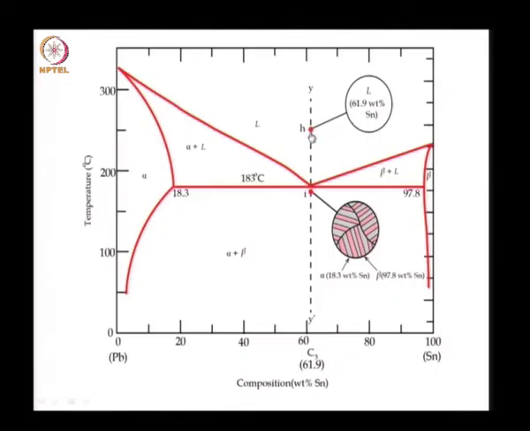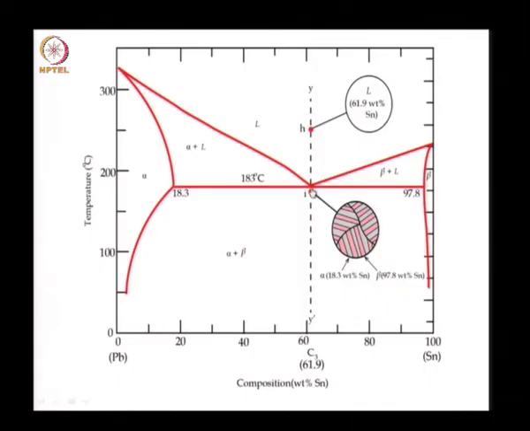Now, we cool this liquid slowly, and what we will see is at this point I, the liquid changes into solid without passing through any phase where the solid and liquid coexist. And we have a structure that is formed like this, called the eutectic structure, where we have layers of alpha and beta phases. Alpha and beta phases have different compositions given by the tie line.